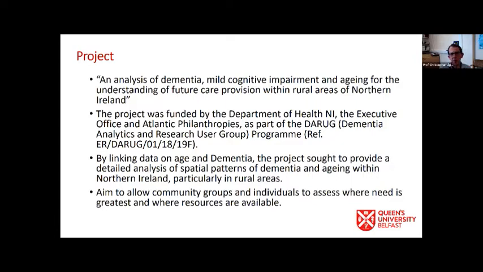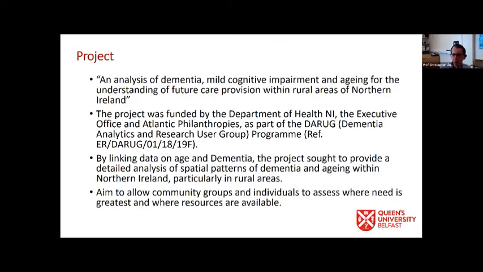So this all comes from a project that was called an analysis of dementia, mild cognitive impairment and aging for the understanding of future care provision within rural areas of Northern Ireland. So that was the original project. As it says here, and as I think it says in the descriptions of the seminar, it was funded by the Executive Office and Atlantic Philanthropies as part of DARUG.